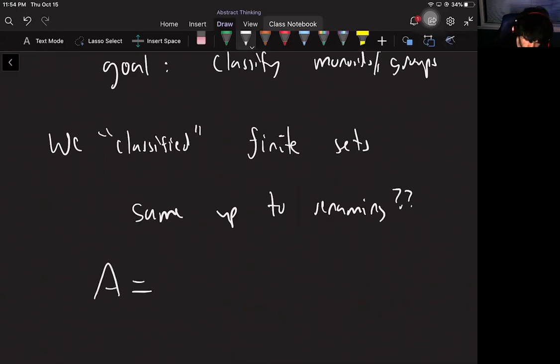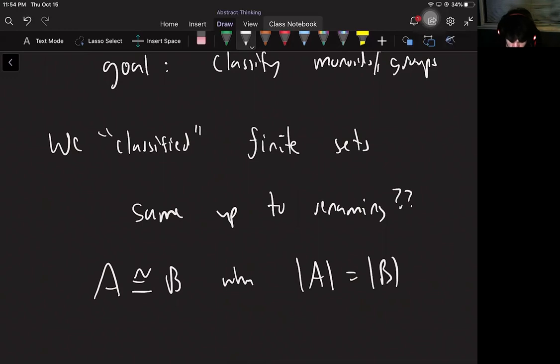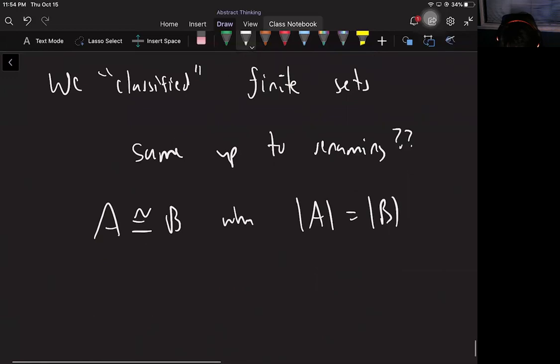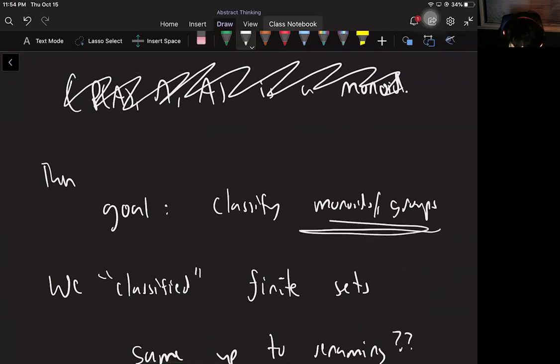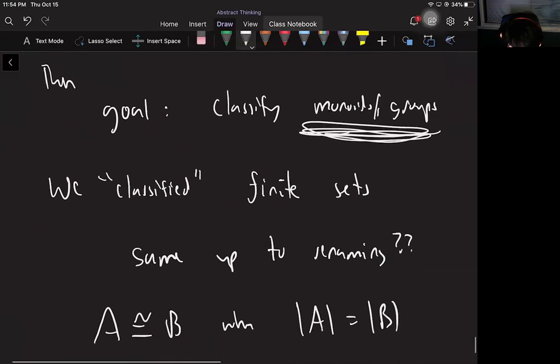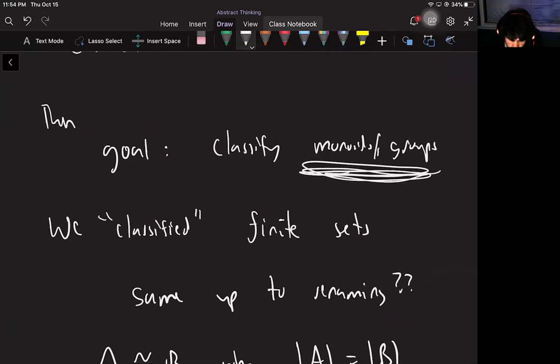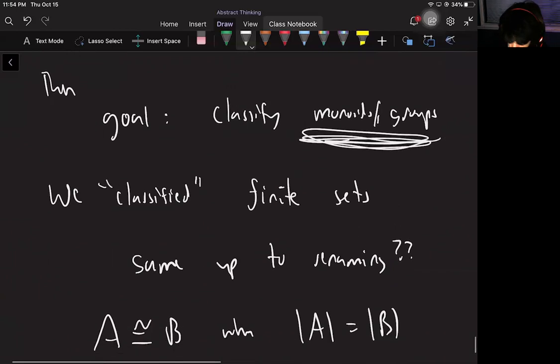So for sets, that's what this was all about. And the idea was that two sets are actually the same up to just renaming things in the sets if they just have the same amount of things in them. But for groups and monoids, it's much harder because renaming things is not enough to tell you that they're the same because they have operations that have to also act the same. Okay, that's for much later.